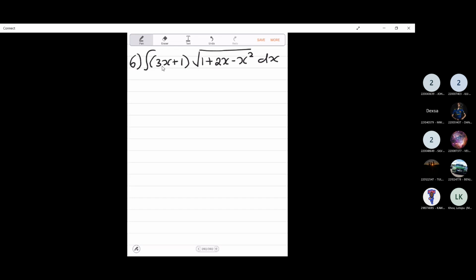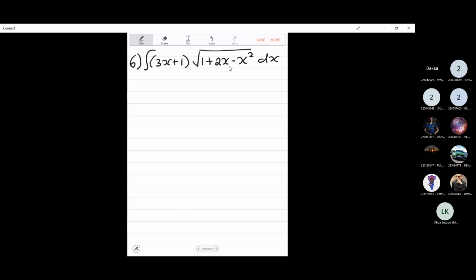So here the derivative of this is 2 minus 2x. So this number here has to be a 2, so we can put a 3 here and then minus 2.